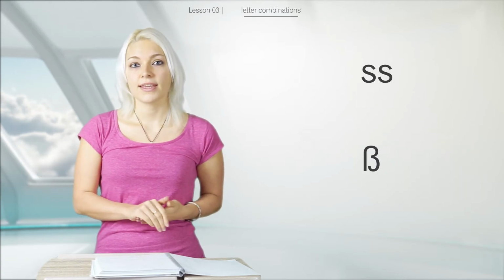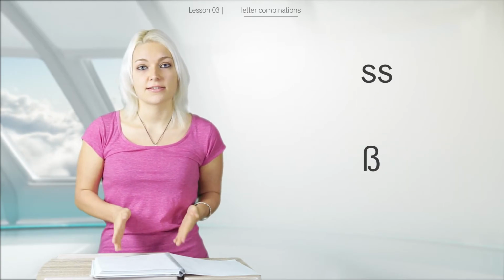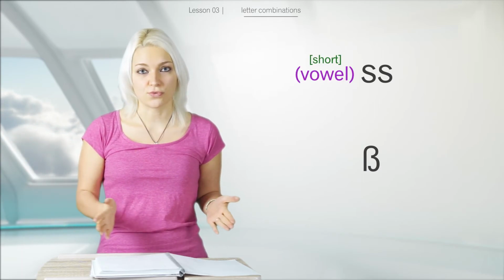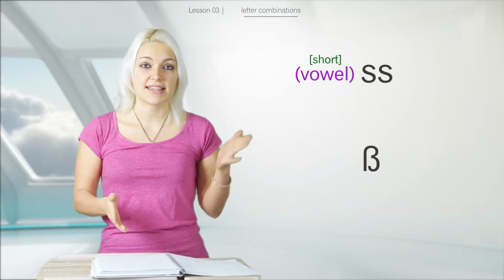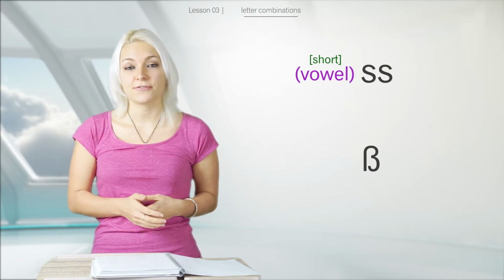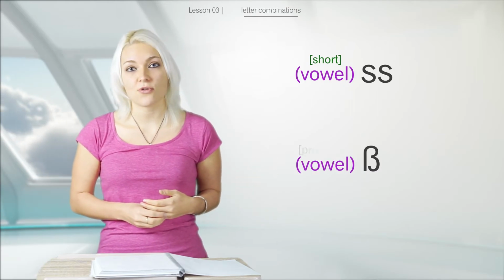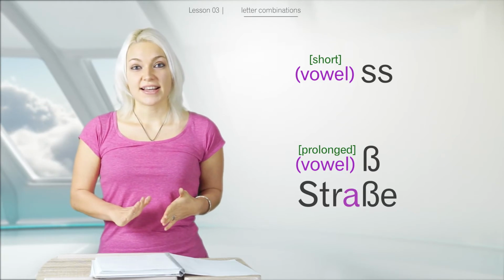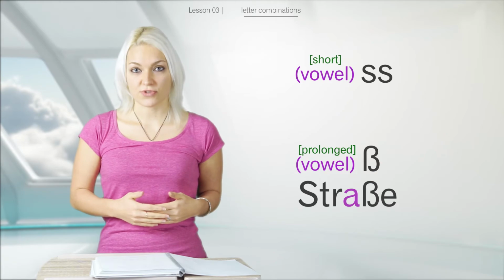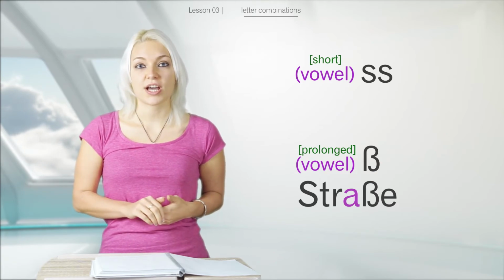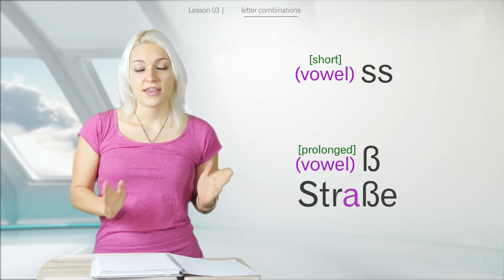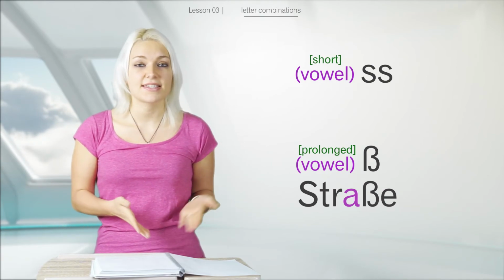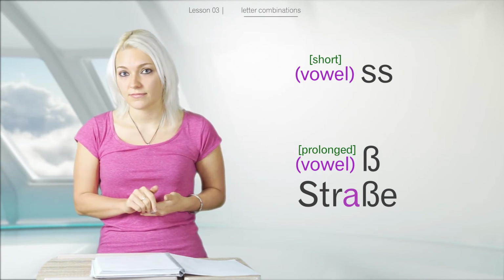Okay, the one thing that changes though is the vowel that precedes. So, if we have a double S after a vowel, the vowel is pronounced short. If we have this SZ after a vowel, the vowel is prolonged. Example, Straße, which means street. Maybe you have seen that. Straße. The A sound becomes so long because we have this SZ following.